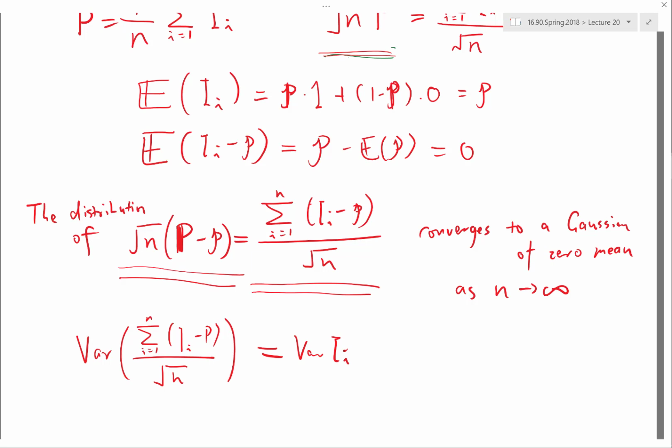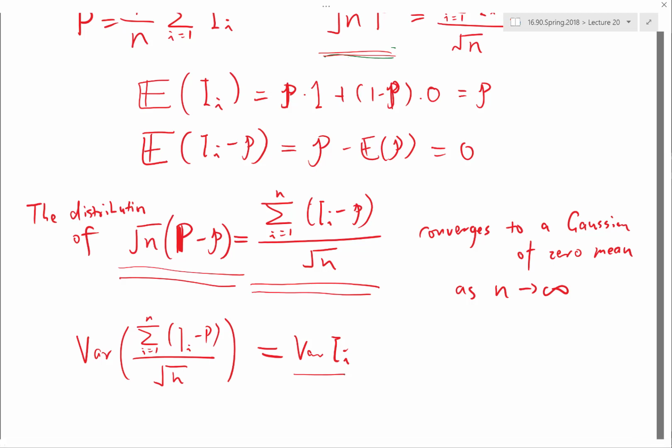You can go through a bunch of algebra to figure that out. If there is a square root of n inside the variance, you pull it out and it becomes n. A summation of independent terms in the variance becomes the summation of the variances of these terms. So the square root of n cancels with the summation, and you get the variance of each I.